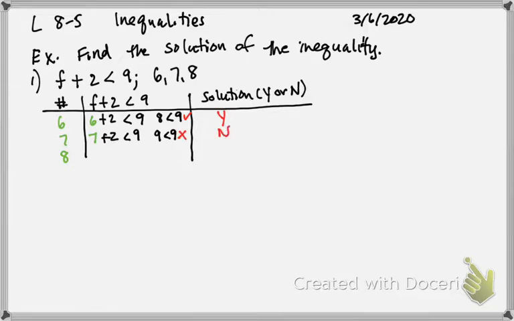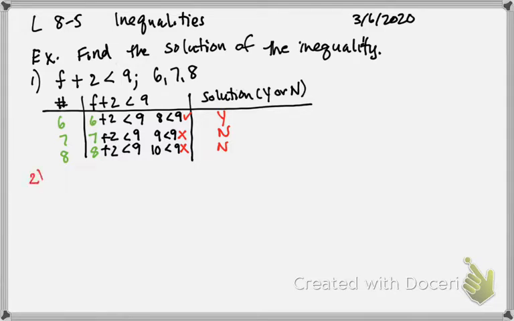So we have no. And then we have 8 plus 2 is less than 9. So let's see, we get 10 is less than 9. Oops, nope, 10 is greater than 9. So we have another no. So in this particular case, of the 3 numbers they wanted us to test, only one of them worked.